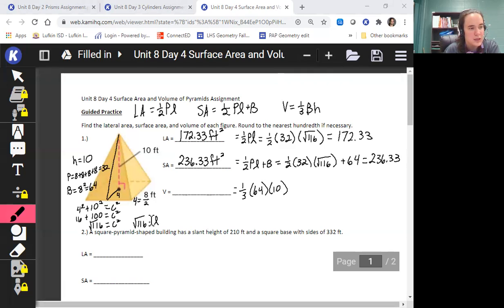And that gets us 640 thirds. And we want to round to the nearest tenth. So that gives us 213.33 feet cubed.